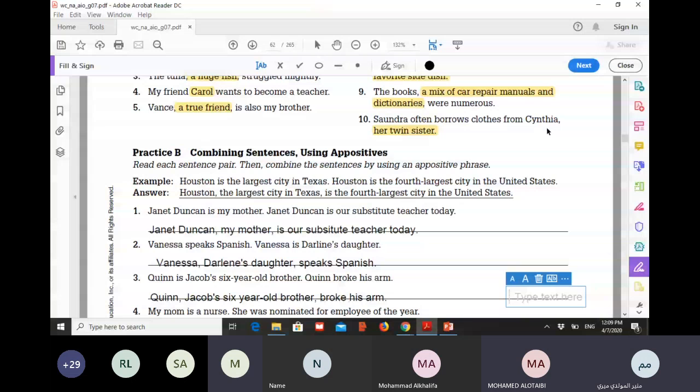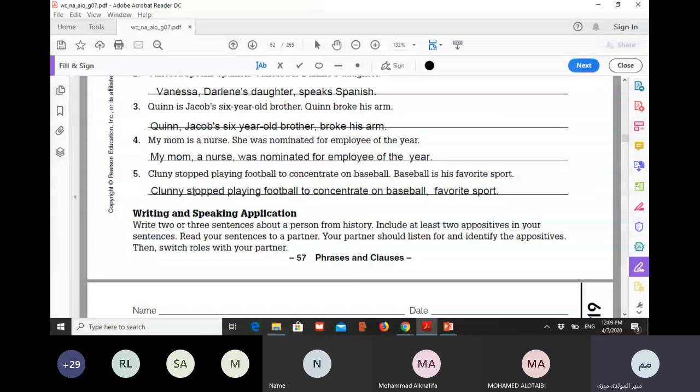Also here, in the last sentence, we have Kalani stopped playing football to concentrate on baseball. His favorite sport, sorry. Here there is his. So baseball is the favorite sport of Kalani. So we can say Kalani stopped playing football to concentrate on baseball, or I add extra information: Kalani stopped playing football to concentrate on baseball, his favorite sport. Muhammad, is it clear?